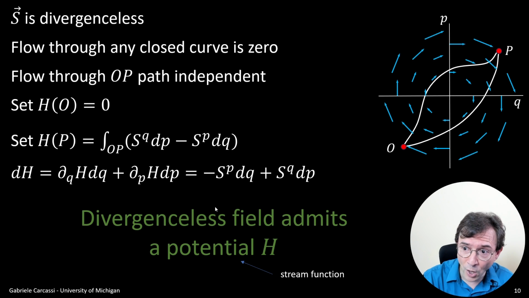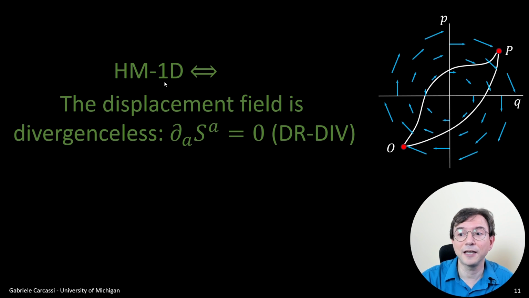So, okay, we've found that Hamilton's equations for one degree of freedom are equivalent to saying that the displacement field is divergenceless. And again, this is another way that we can think of Hamilton's equations, which is a lot more geometrical than what we have seen before.